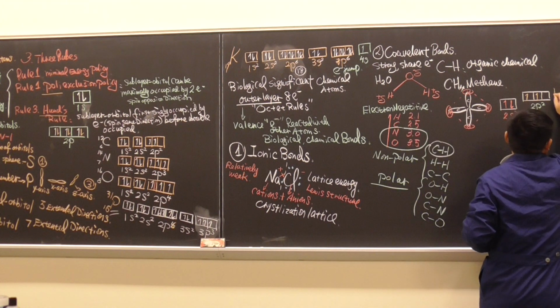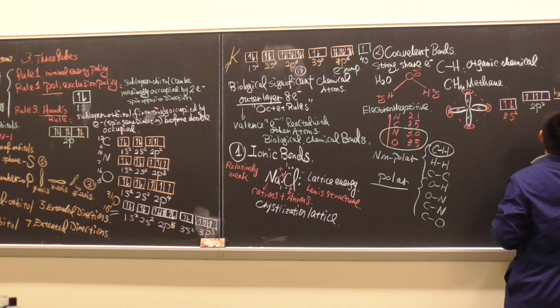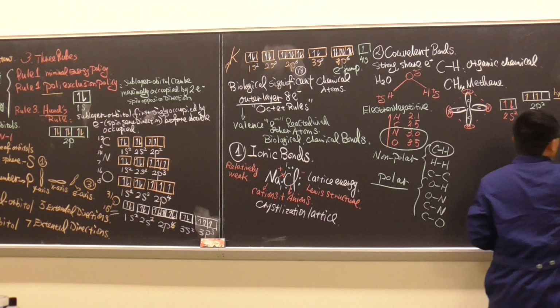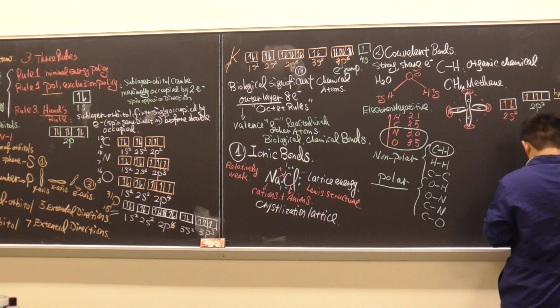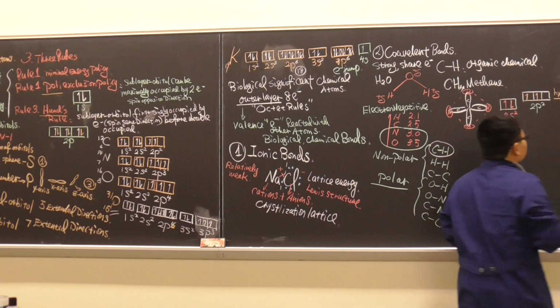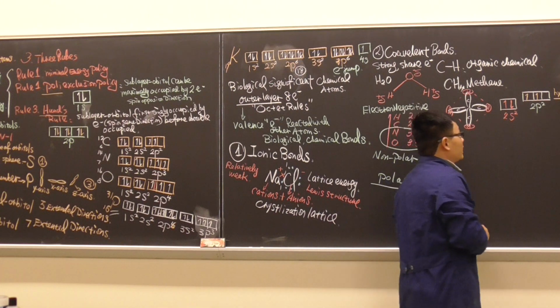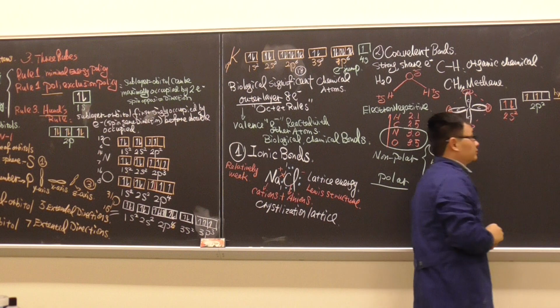We call it a hybrid. They could be combined. They finally become everything is up, up, up, and this one is up. So once you combine, this is called sp3 hybrid.